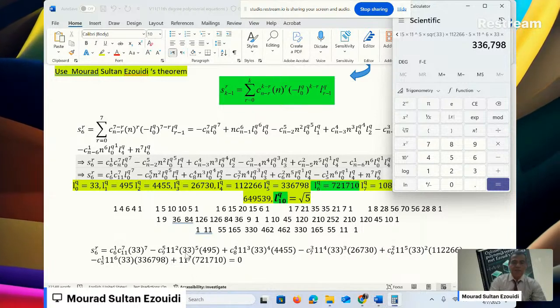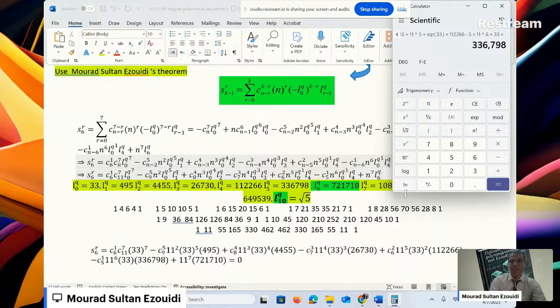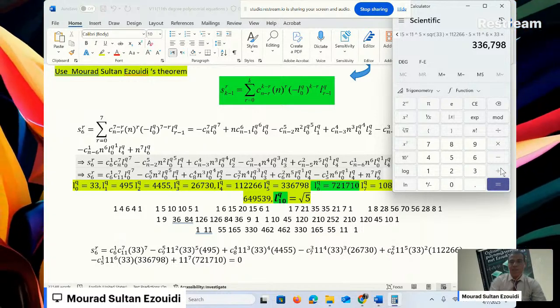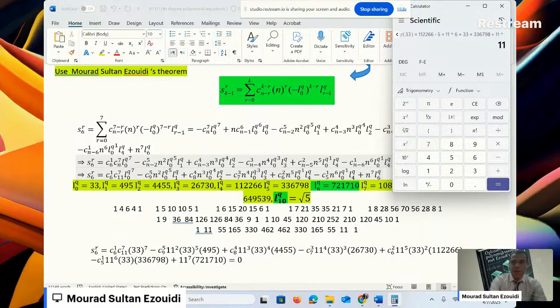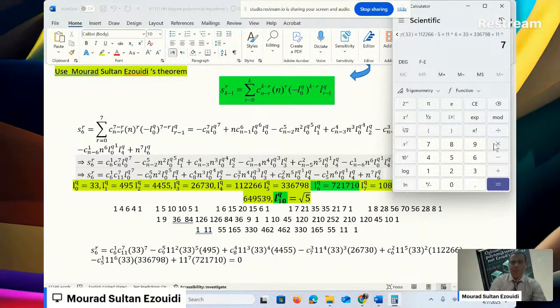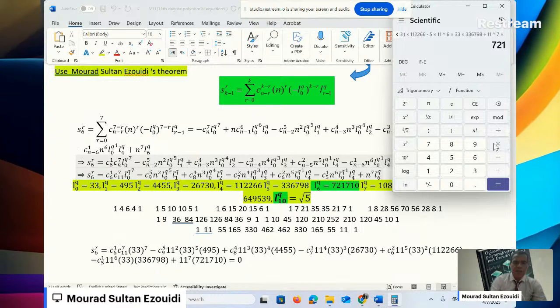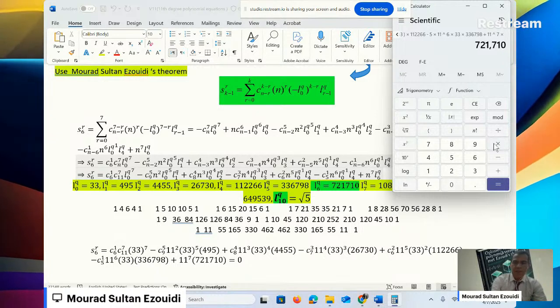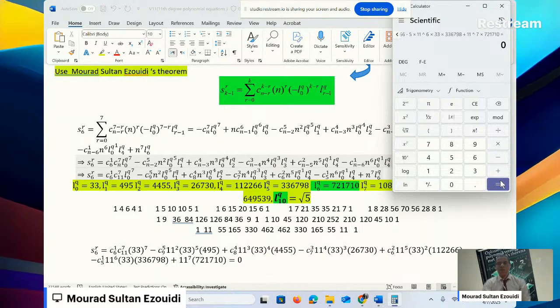Plus 11 raised to the power 7 times 721,710. So this one, my kids, has to be equal to 0.